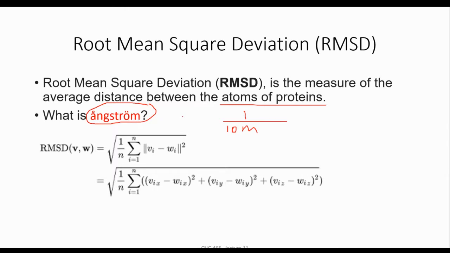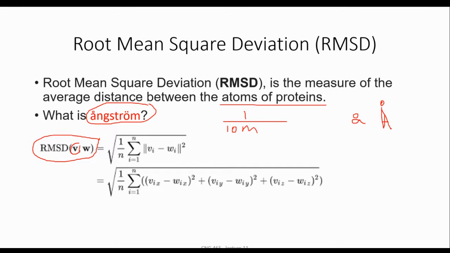As we are talking about very small particles and very close distances, that's why we need such a unit. You can also show it by A with a circle over it, or capital A with a circle over it. Angstrom. And here for RMSD, you can use this formula.